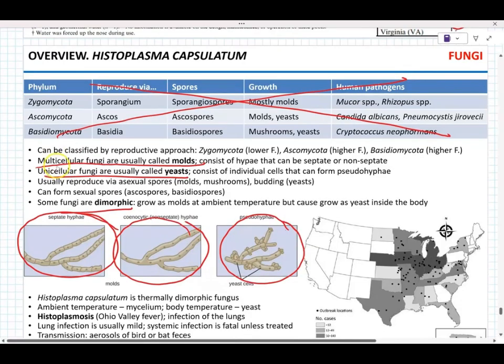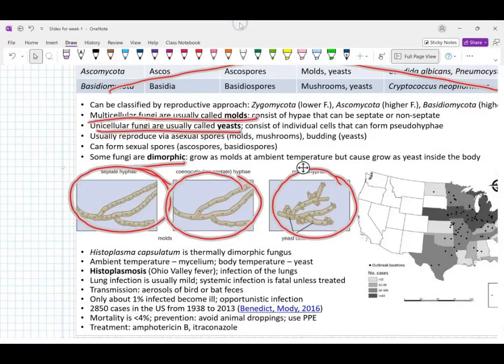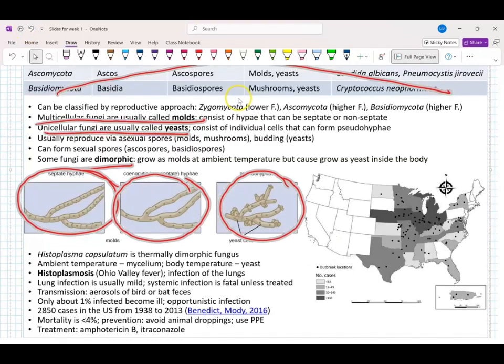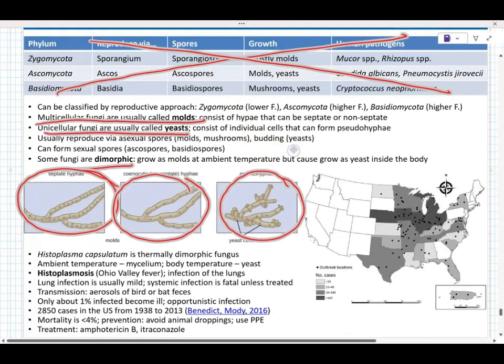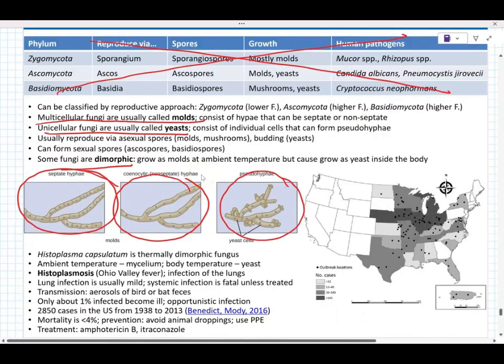Now, what about dimorphic fungi? At ambient temperature, let's say 73, 74, dimorphic fungi grow as molds. When they get in the human body, though, which is much warmer, right, they start growing as yeast. A lot of pathogenic fungi are dimorphic.